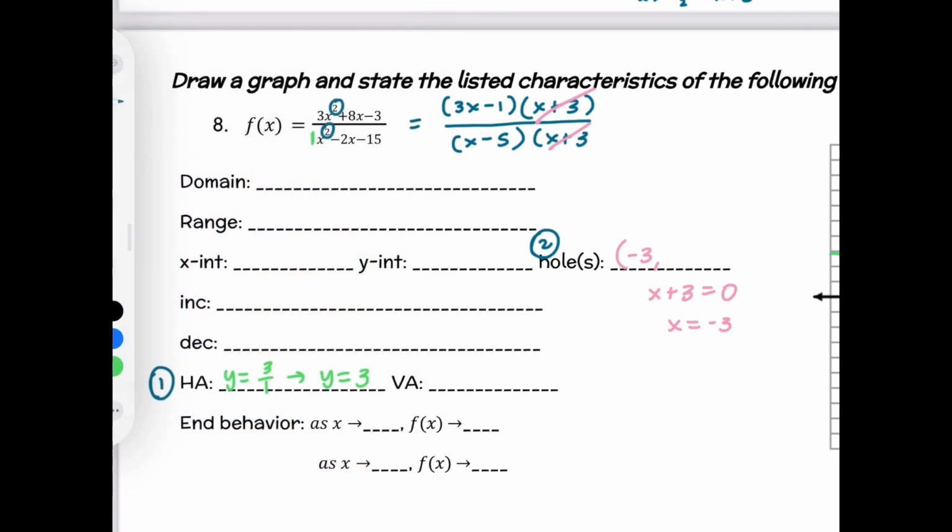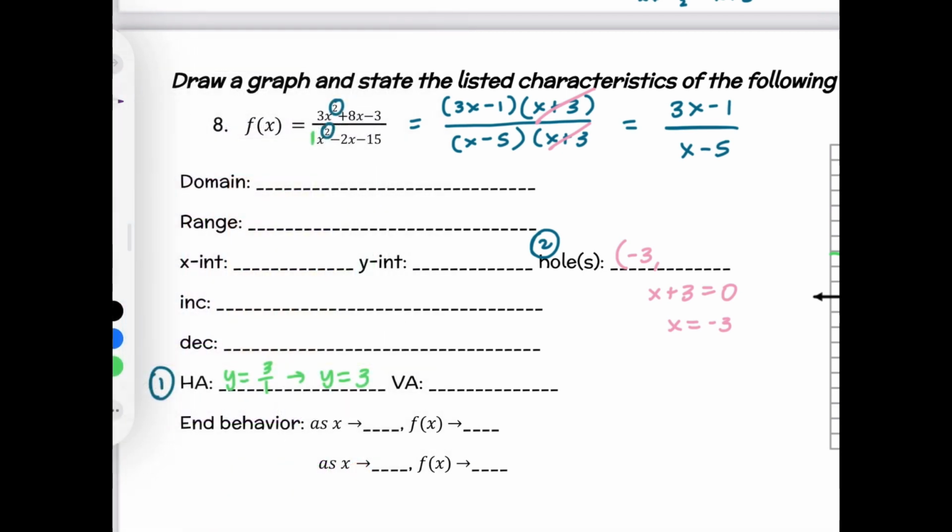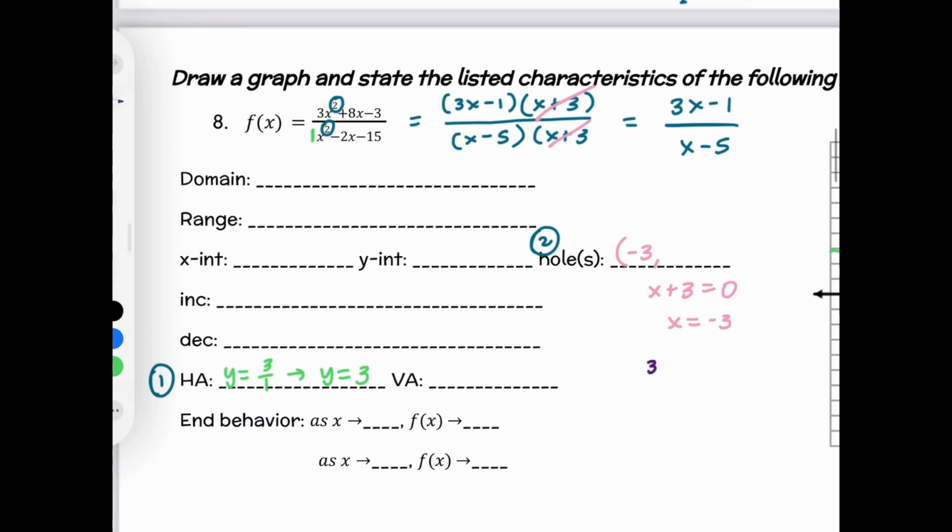All right, and then whatever we have left, in this case, it would be 3x minus 1 over x minus 5. We want to plug that -3 into that function to see what our y value is going to be. So I'm going to plug -3 in everywhere there's an x to figure out my y value.